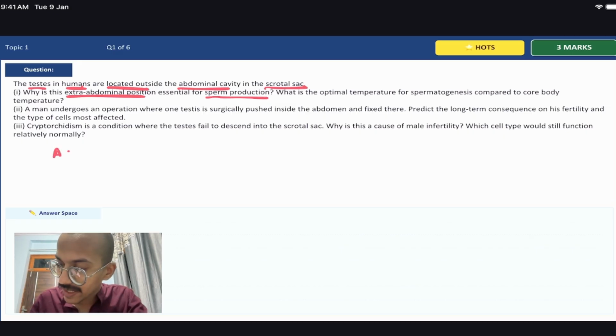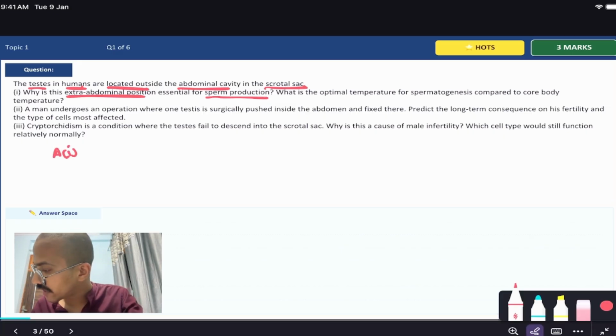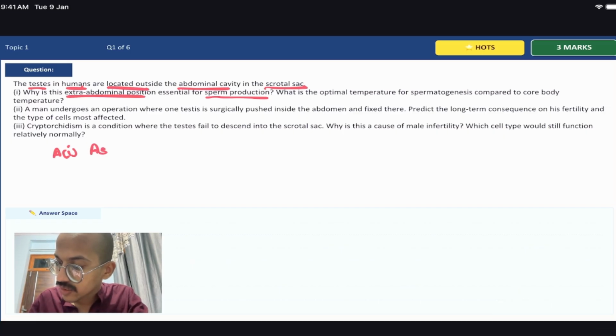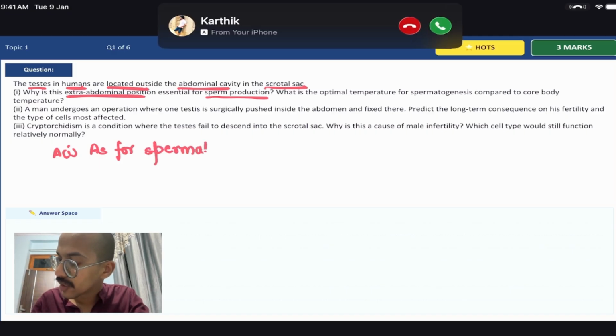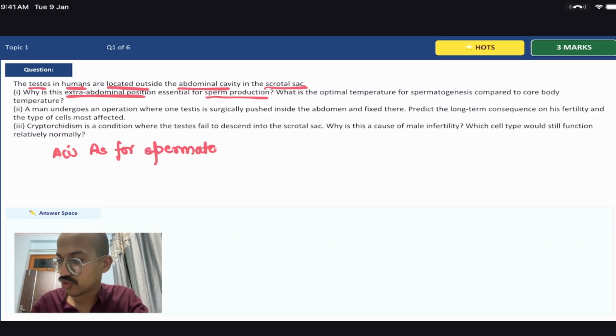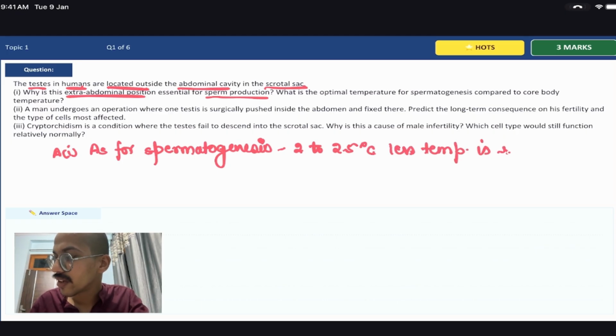So how are you going to write the answer? The first point would be that spermatogenesis requires 2 to 2.5 degrees Celsius less temperature than body temperature.